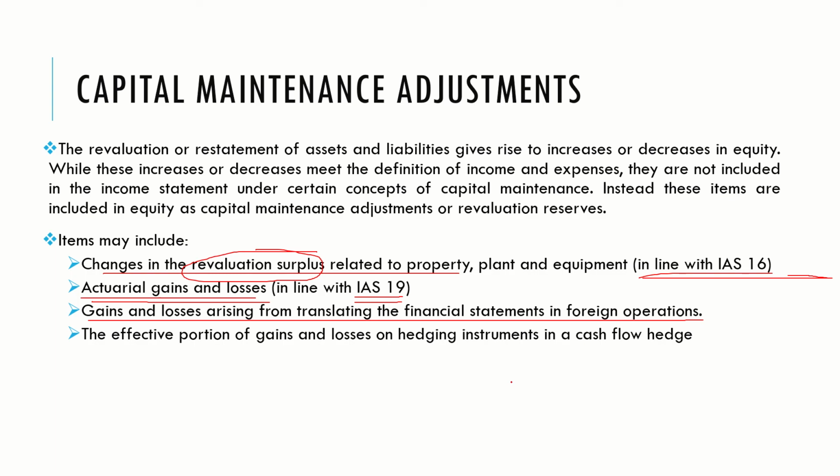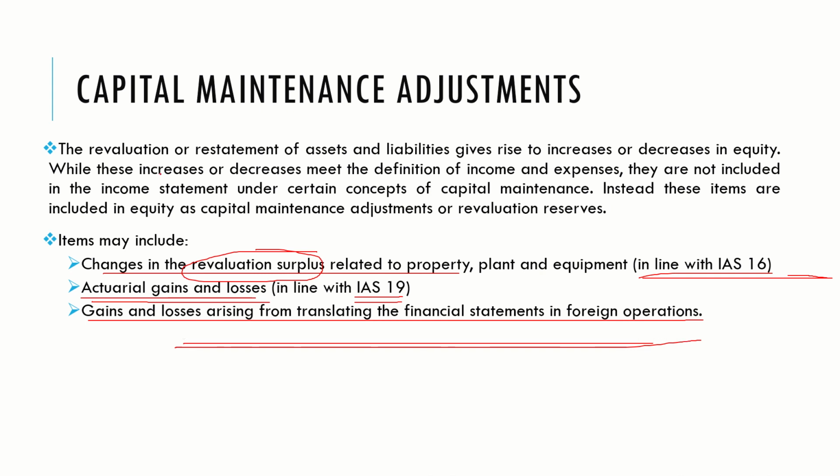These gains or losses in the foreign operations or foreign exchange will be part of the other comprehensive income, which will cause to increase or decrease the equity or capital but is not related to the profit or loss. Okay, and also some sort of cash flow hedging pagdating ninyo sa investments. Okay, so ito lang po yung mga capital maintenance adjustments na nabanggit doon sa formula.